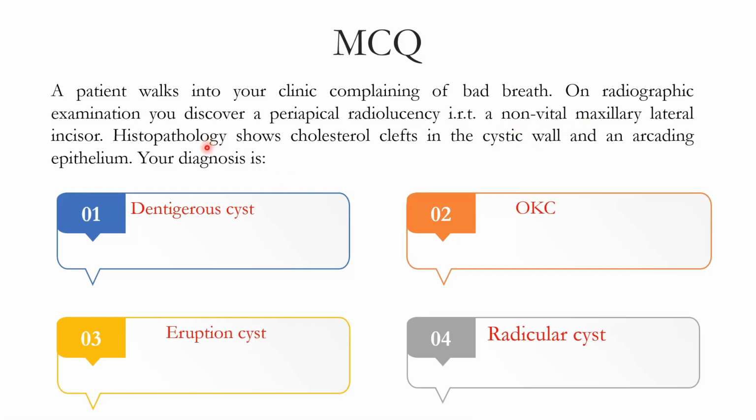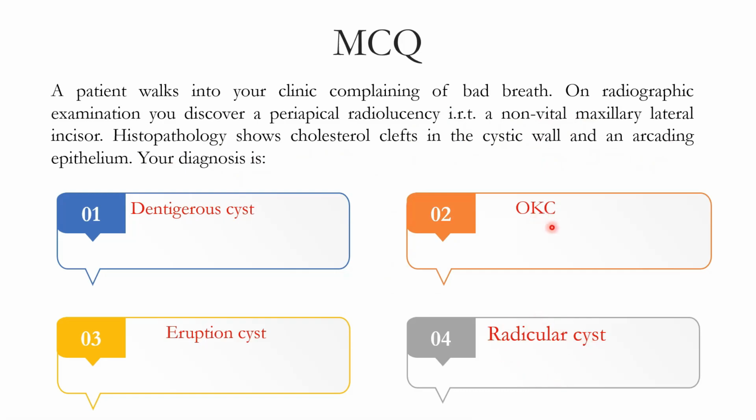After you take out the tooth and see the histopathology, there are cholesterol clefts in the cystic cavity, and the lining shows arcading epithelium. So that is very positive for a radicular cyst.